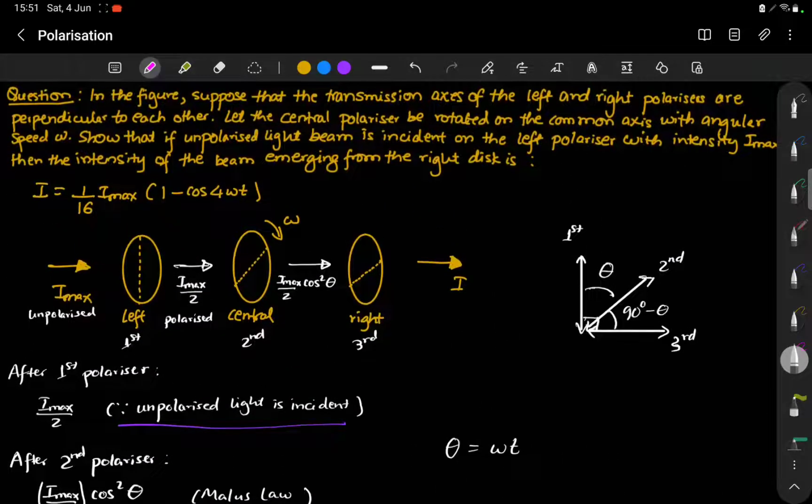So we were given this setup of 3 polarizers. The first and the last polarizers had transmission axes orthogonal to each other, and the middle one was rotating with angular speed omega. So its transmission axis was also rotating with that same speed, and we were supposed to find out the intensity emerging from the last polarizer, given that a completely unpolarized light beam is incident on the first polarizer.